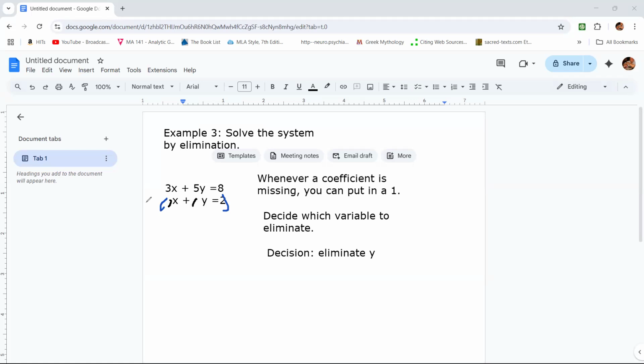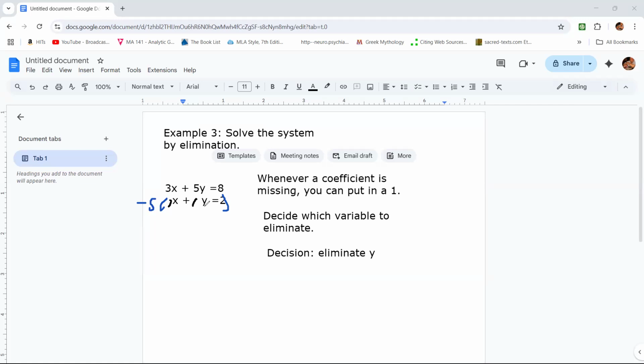So I'm going to multiply by -5. Now, when I do that, I have to multiply -5 by the whole equation. Tengo que usar este número por el entero. I have to use that for the whole equation.